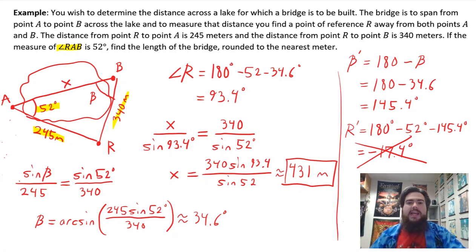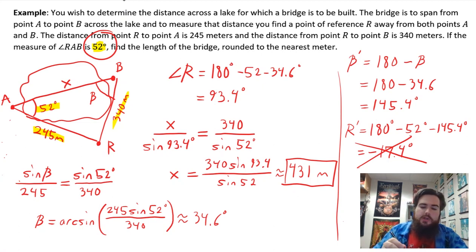One other way that you can tell a little bit earlier if there is going to be a second solution, I would recommend look at the angle measure that is originally provided to you in your SSA triangle. In this case, that is our 52 degrees. Then look at the angle measure that you solve for first, our value of beta in this case, 34.6.